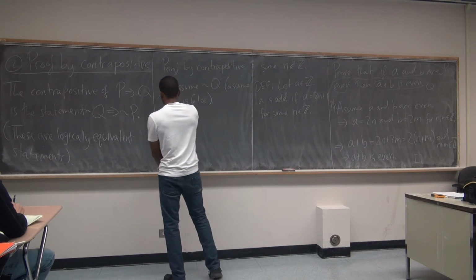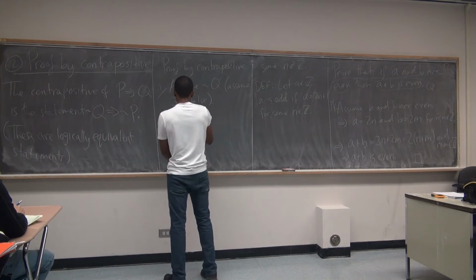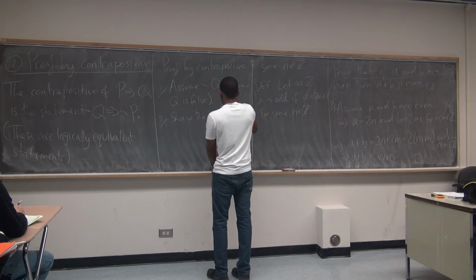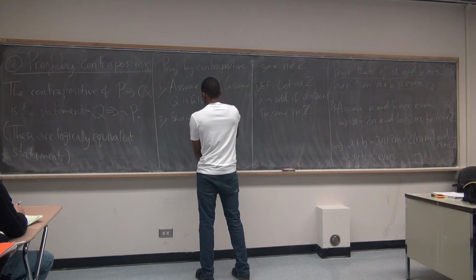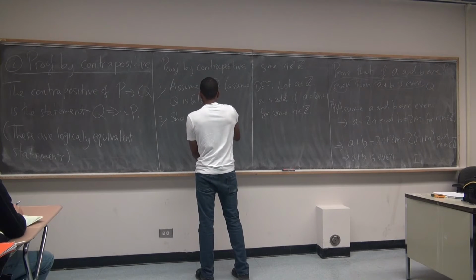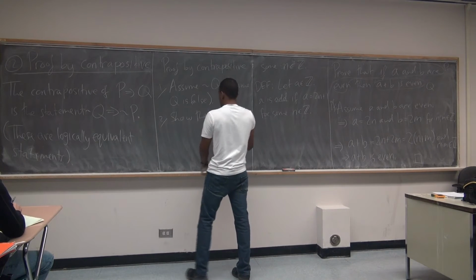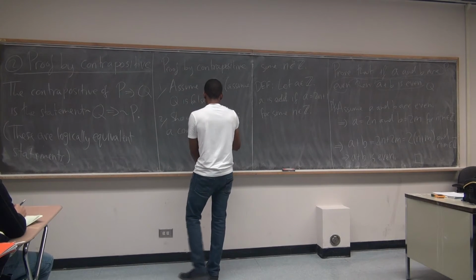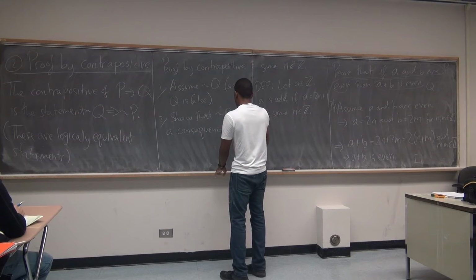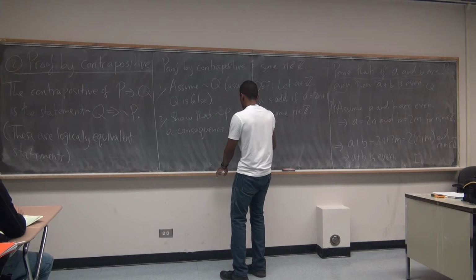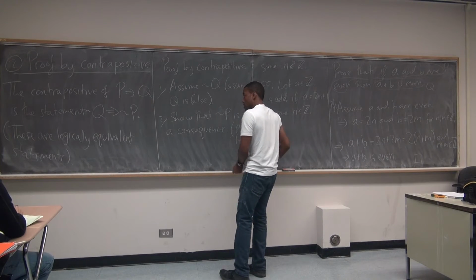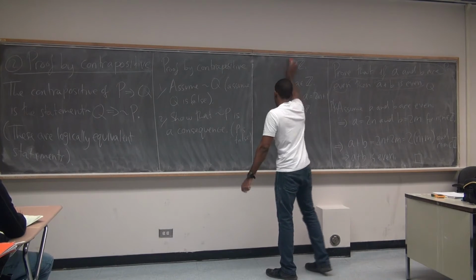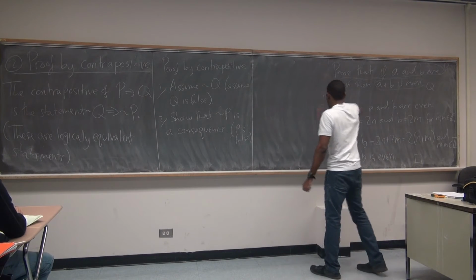Right. Step 2, show that not P is a consequence of this. That is, P is false. If you do that, you say you've done a proof by contrapositive of P implies Q.